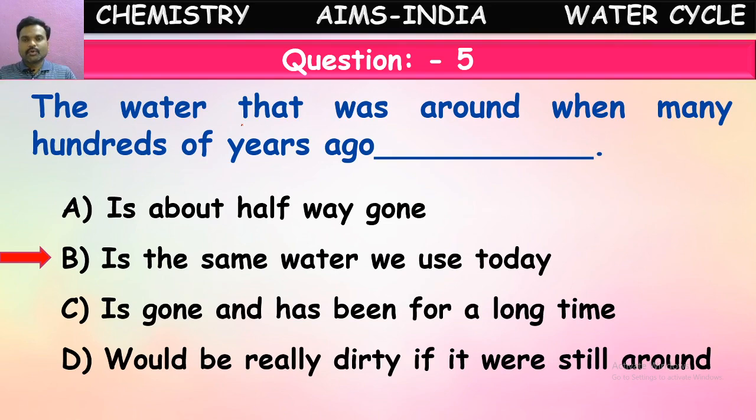So whether it is used or not, it might pick up some impurities, but by the water cycle it will be continuously purified by nature. So the same water we are using now was used by elder people even a hundred years back. So that's about water, children, and the water cycle.